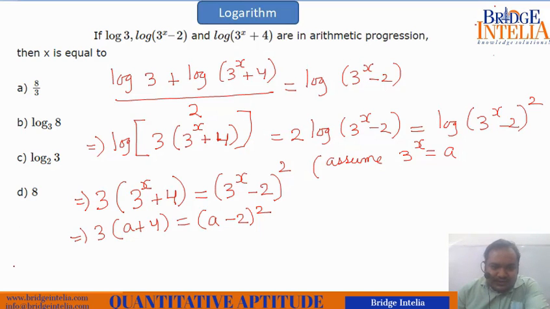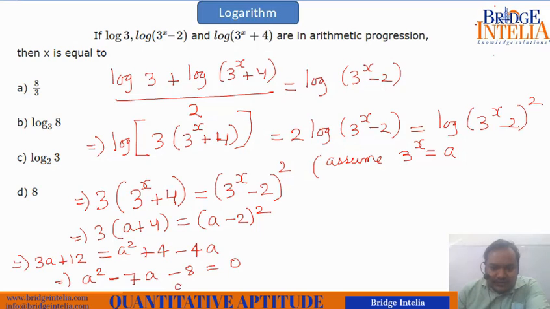So this gives us 3a plus 12 is equal to a square plus 4 minus 4a. So this can be written as a square minus 7a minus 8 is equal to 0. So if you solve this, a square minus 8a plus a minus 8 is equal to 0.